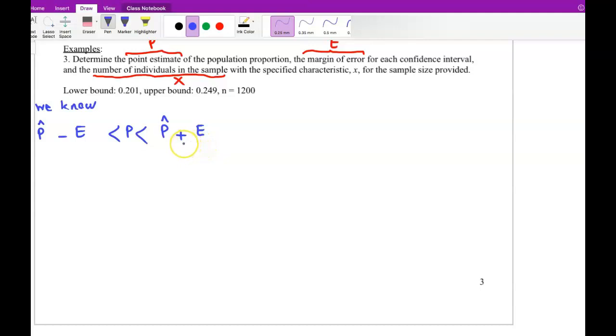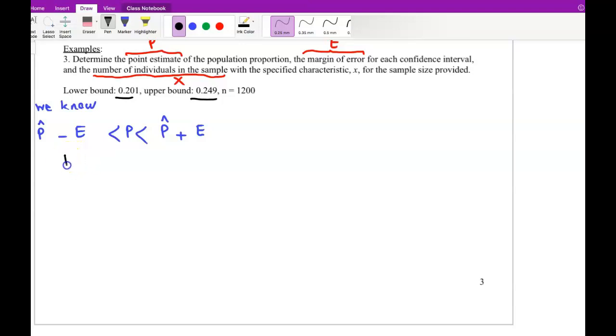Okay, then we should find p hat. So to find p hat, the only thing that I have is lower bound and upper bound. I don't have any information about p hat and this error. So how we can find p hat?